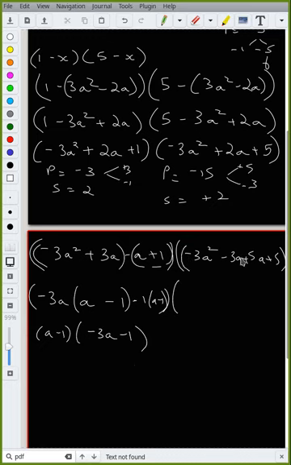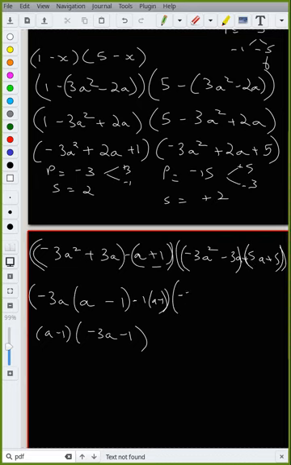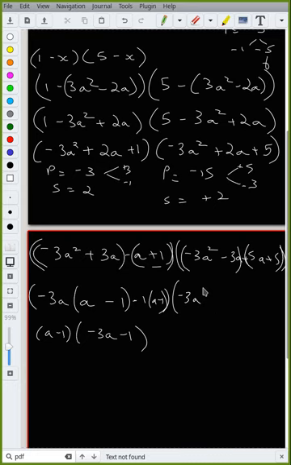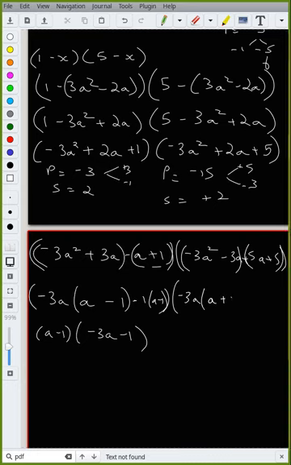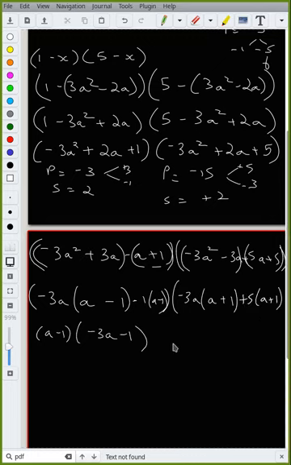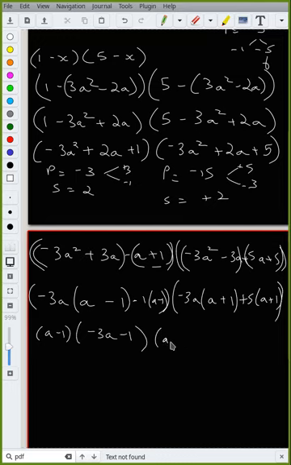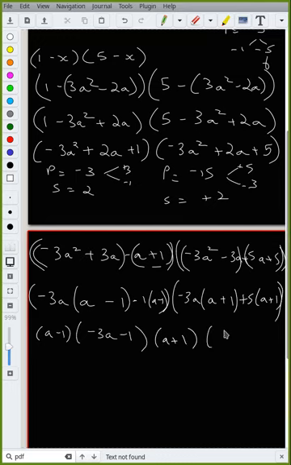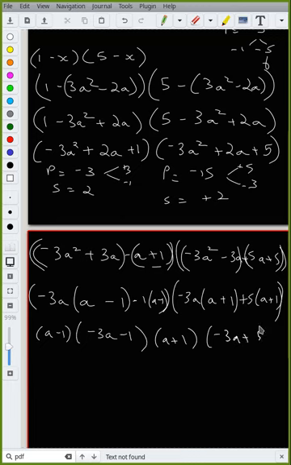Yes, sir. Fine. So let's group these two. Again we get minus 3a, so we'll get a plus 1 plus 5 into a plus 1, right? Which is nothing but a plus 1 into minus 3a plus 5.